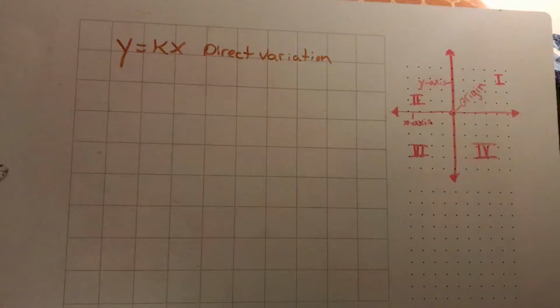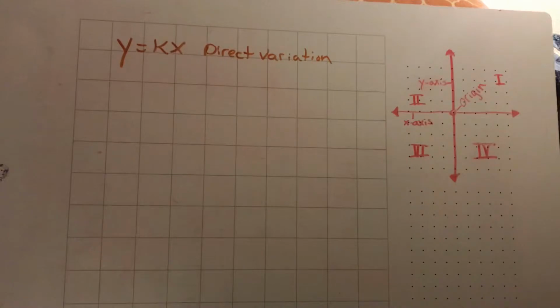And it says the equation y equals kx can be solved for the constant of variation k equals y over x. If y over x is the same for all ordered pairs in a set of data, then the data set represents a direct variation. Okay, so we're looking to see if we have a constant rate of change within our data.